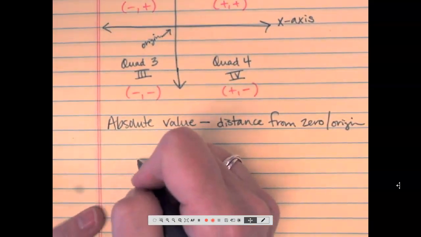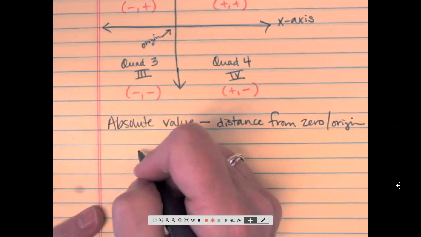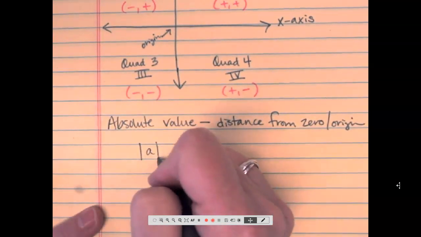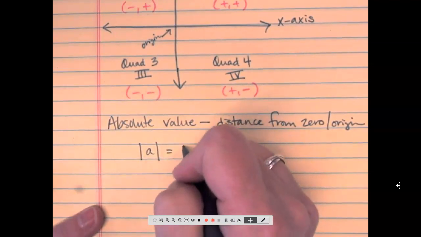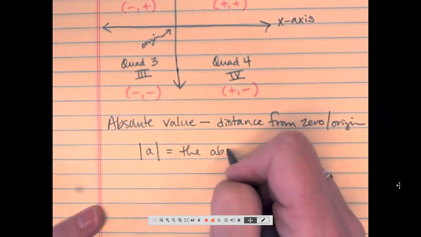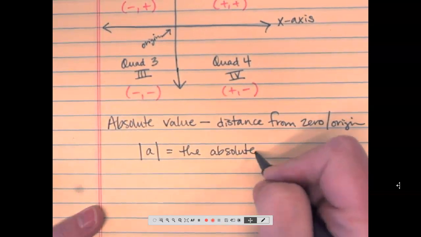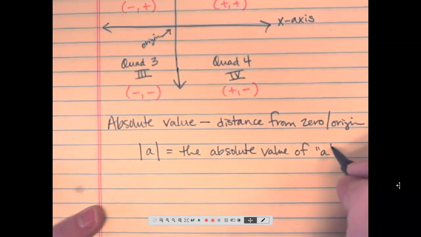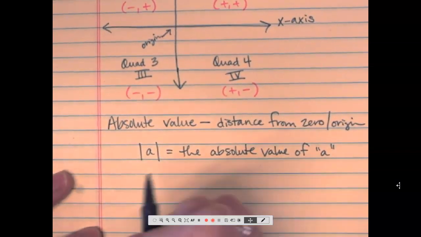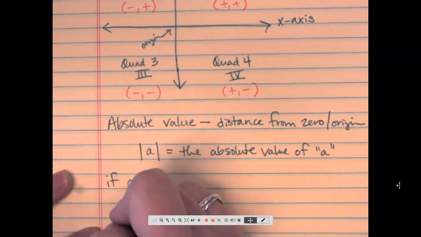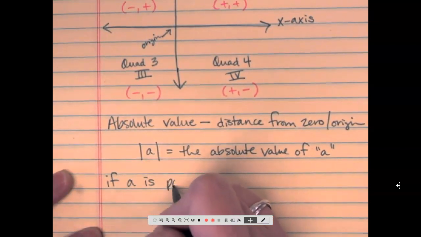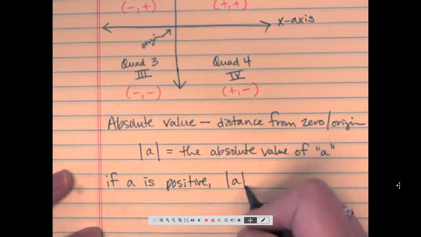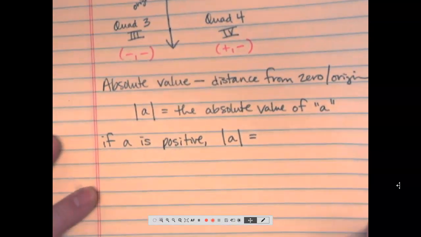Okay, so what symbol do we use to represent absolute value? Those 2 vertical lines. Okay, so if I'm reading this, that just means the absolute value of A. All right, if A is positive, the absolute value of A equals what?